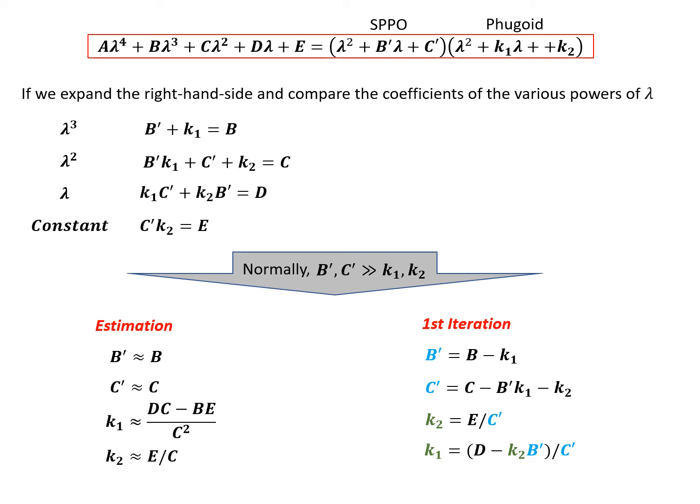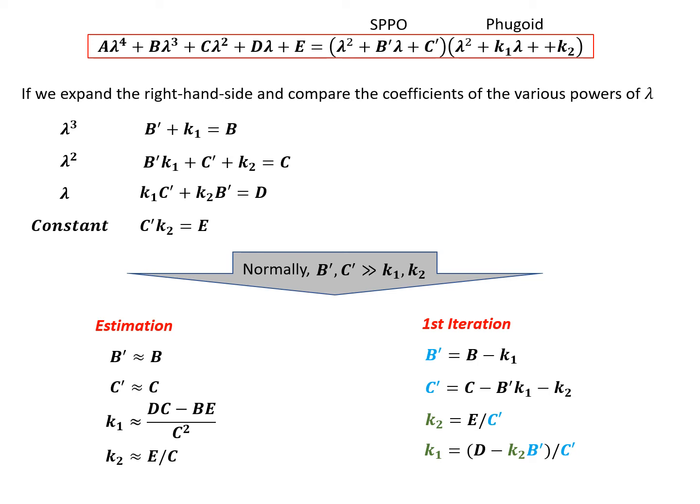Now B prime is updated, K2 is E divided by C prime, and K1 is, I'm not reading this equation, (D minus K2 times B prime) divided by C. This is the updated result, and we can follow this formula and use the result from the first iteration to carry out the second iteration, and eventually we'll see the convergence of the updated values. Usually we just do one iteration for demonstration purposes.